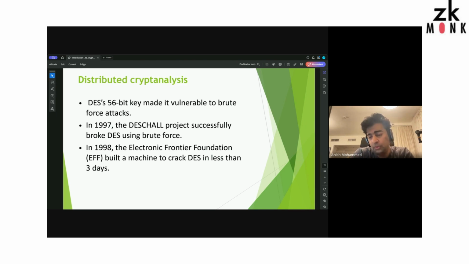For those of you who don't know, it's a very interesting bunch of people, influenced by the cypherpunk philosophy, very much defenders of first principles in the US, providing support for cryptographers who get sued by various agencies. They also do cryptanalysis and other things. They created a massive DES cracking machine, and they cracked it in 3 days. Can I have the next slide, please?